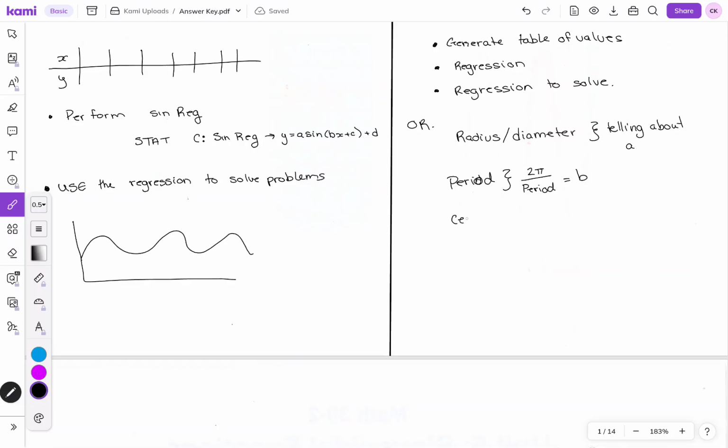If it's talking about the center, specifically the height of the center, this is telling you about the midline.